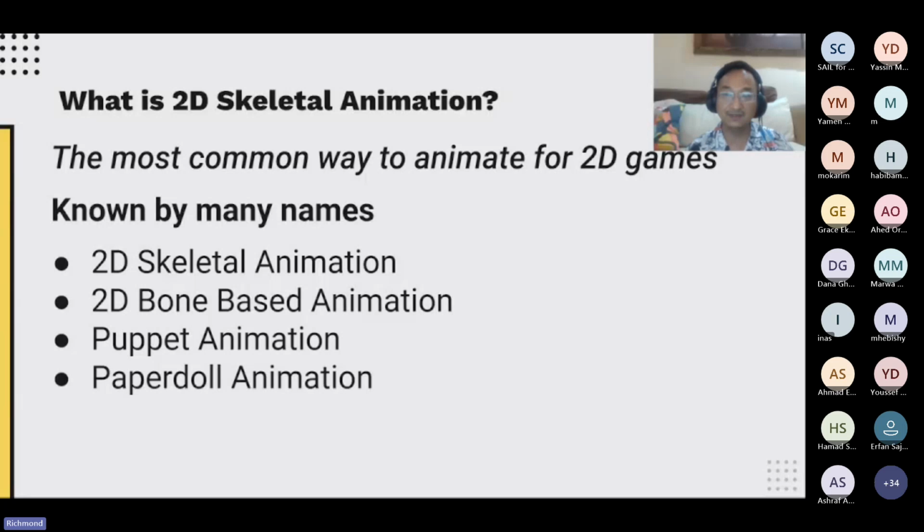In fact, if you could put it in the chat, what did you know this as? What term would you use to refer to this? Because I'm really interested to know what the popular term for this is. Yeah, so the technical term is 2D skeletal animation, which I'm going to use for this talk. The popular term, probably puppet animation or paper doll animation.